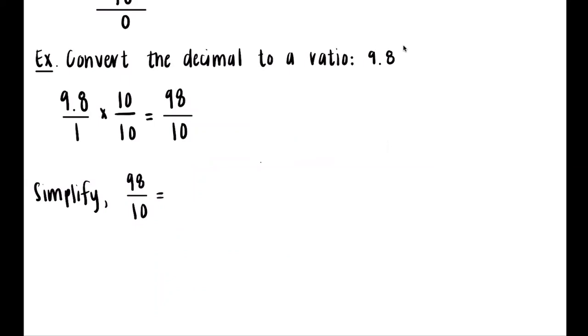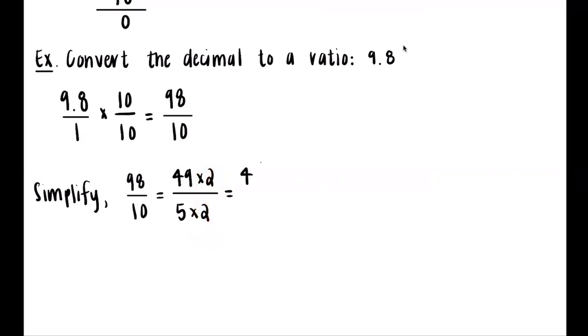98 divided by 2 is 49. So 49 times 2 are the factors of 98. And then we have 5 times 2 as the factors of number 10. So here we can see 2 over 2 is the number that they share in common. That's what they want to factor out because 2 divided by 2 is just 1.